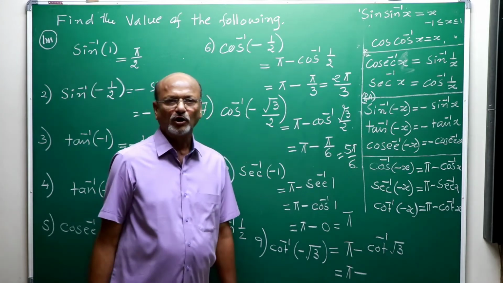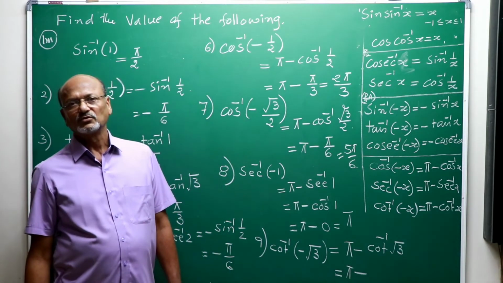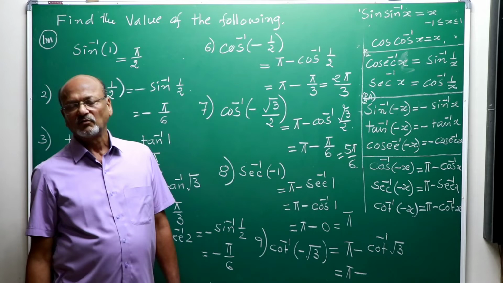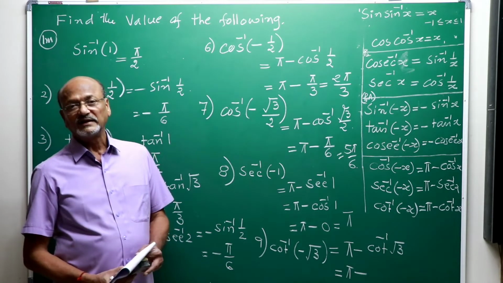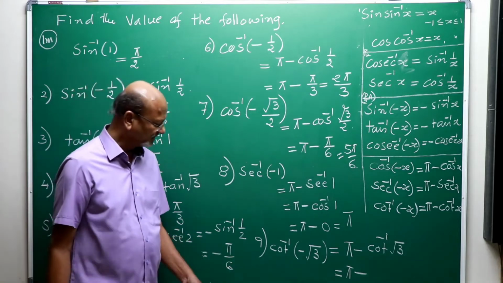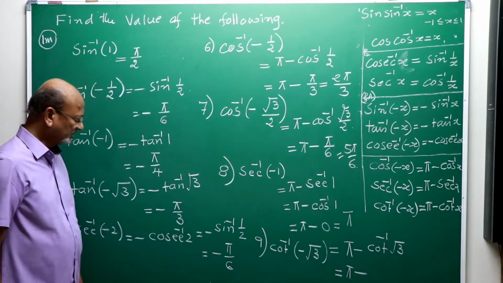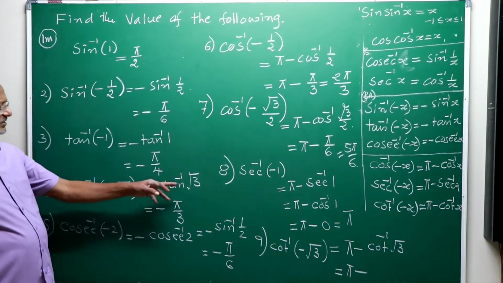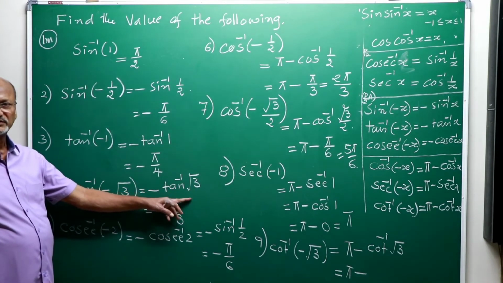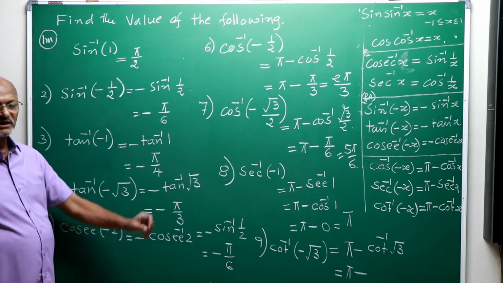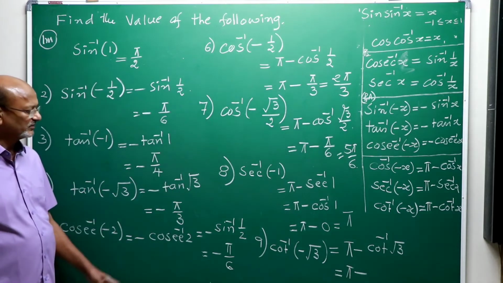In case of cot inverse, root 3 is 30 degrees and 1 by root 3 is 60 degrees. Whereas in case of tan inverse, root 3 is 60 degrees and 1 by root 3 is 30 degrees. It's just opposite in case of cot inverse.